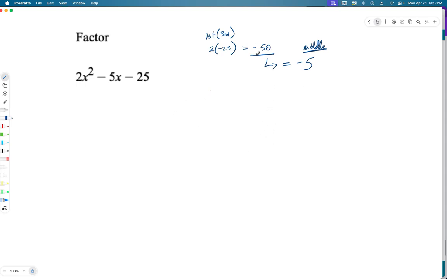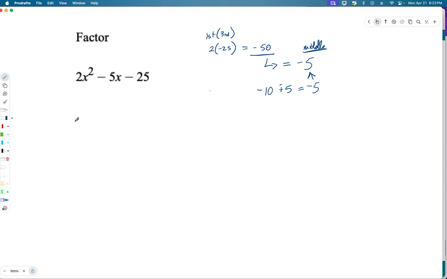So for a negative, to get a negative 50, one needs to be positive, one needs to be negative. And I know that 50 is 5 times 10, and if I have negative 10 times positive 5, that gives me a negative 50. But then if I have negative 10 plus 5, that gives me negative 5. So then that matches with that.